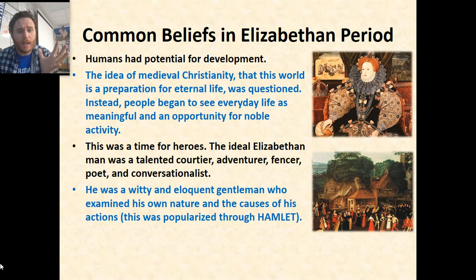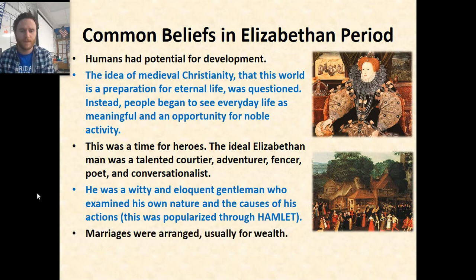And this ideal Elizabethan man, like the title character Hamlet, was supposed to be a witty and usually eloquent gentleman who examined his own nature and the causes of his actions. And this was popularized through the story of Hamlet. So the literature influenced the culture.